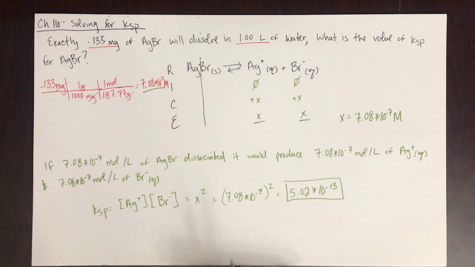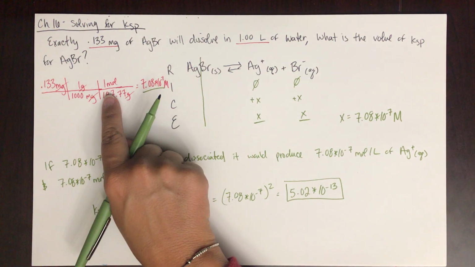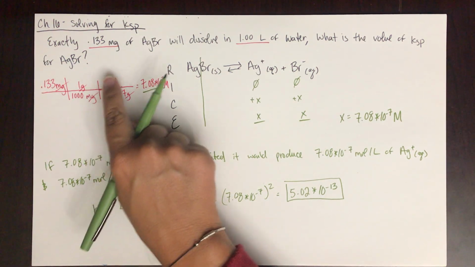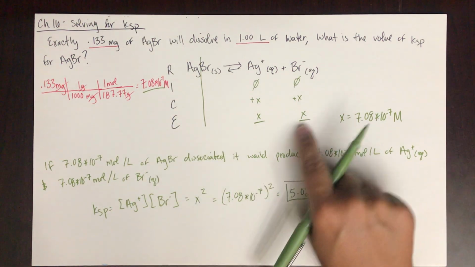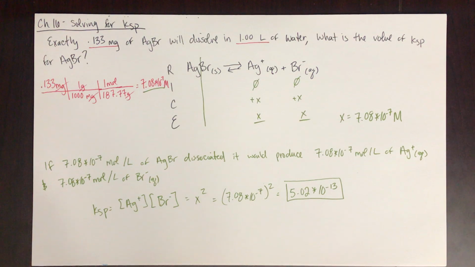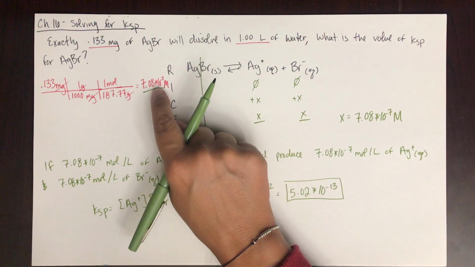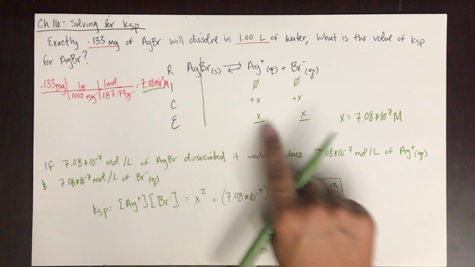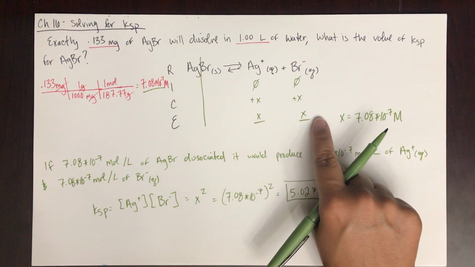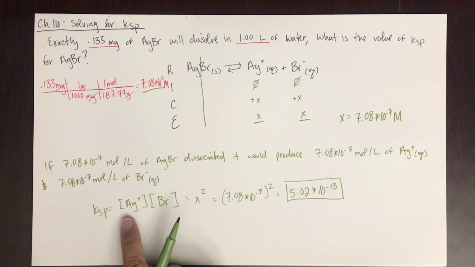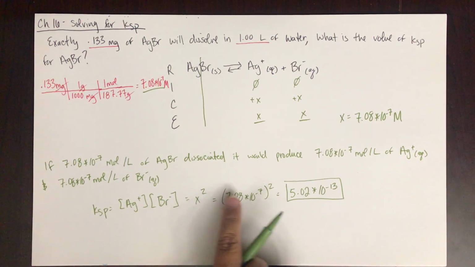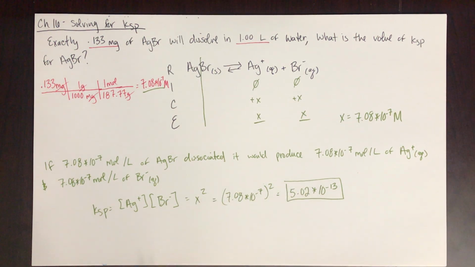So we used the milligrams and the liters to go from regular solubility to molar solubility, which is what we need for the equilibrium table. The amount of silver bromide that dissociated is the amount of silver ions and bromide ions that were produced. Because the KSP is X squared, we just squared that amount to get the value of KSP for silver 1 bromide.